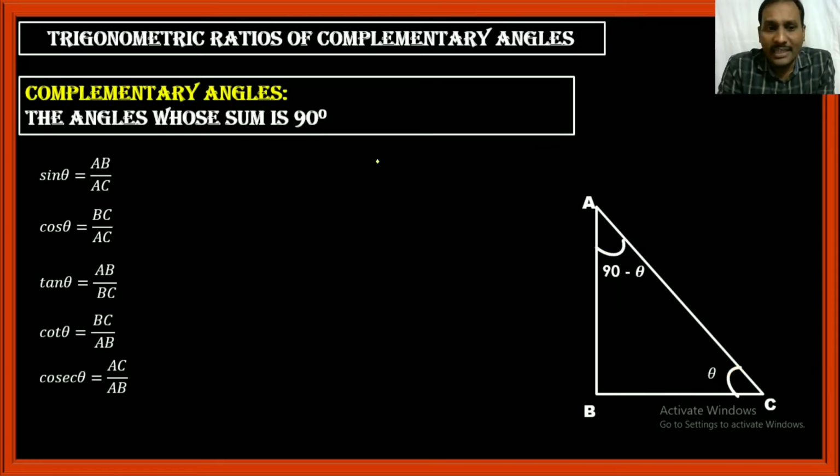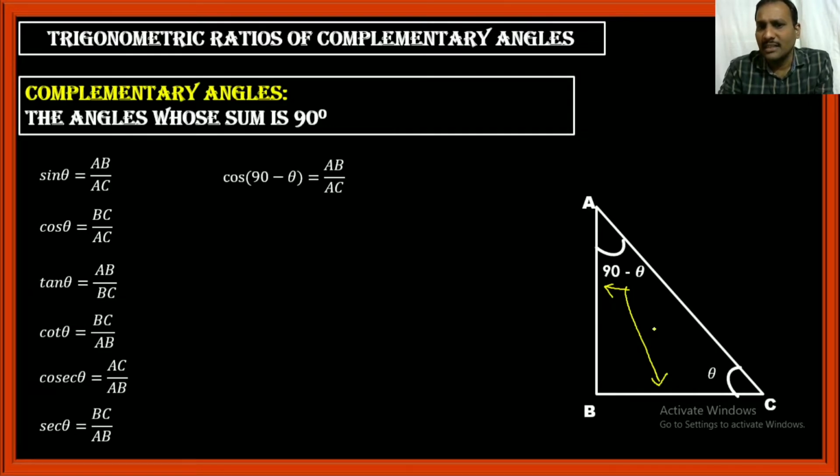Now let us define all the trigonometric ratios with respect to 90 minus theta. What is the opposite side to 90 minus theta? That is BC. And what is the adjacent side to 90 minus theta? That is AB. And the hypotenuse is AC. Now let us define cos first. Cos 90 minus theta is what? AB by AC, the adjacent side by hypotenuse.